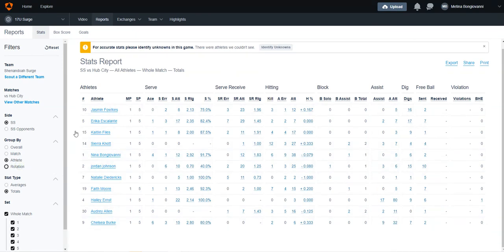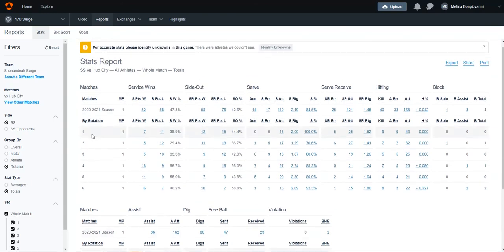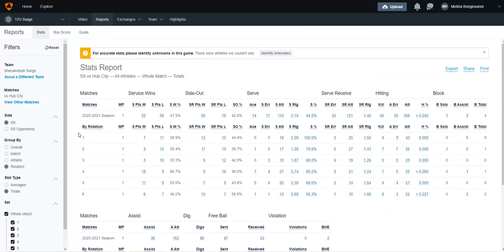And by rotation. Your rotation is your starting rotation, your second rotation, third rotation, fourth rotation, fifth rotation, sixth rotation. This is basically an area where the coaches may go to look, depending on how they want to lead off. They may want to lead off with their strongest serving or their strongest hitting group.